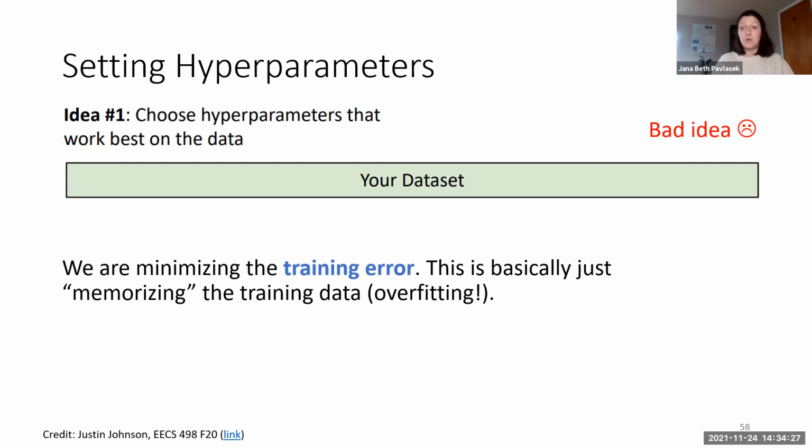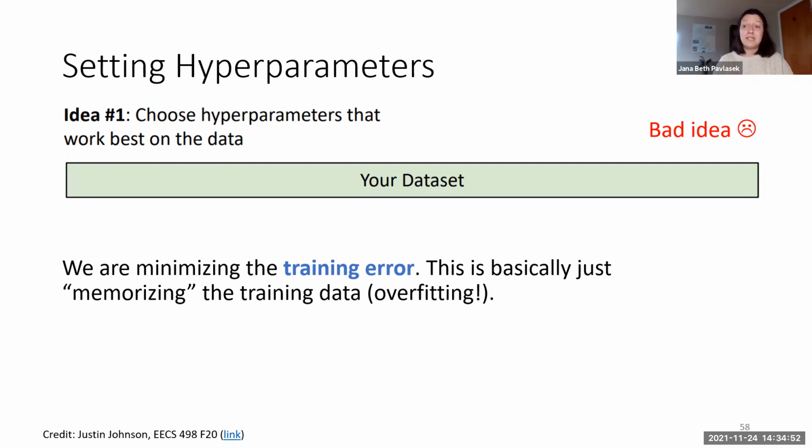Our training error is normally going to be lower when we test on our actual training data versus some new testing data, because our model is optimized to work on our training data, since that's what we use to train it.